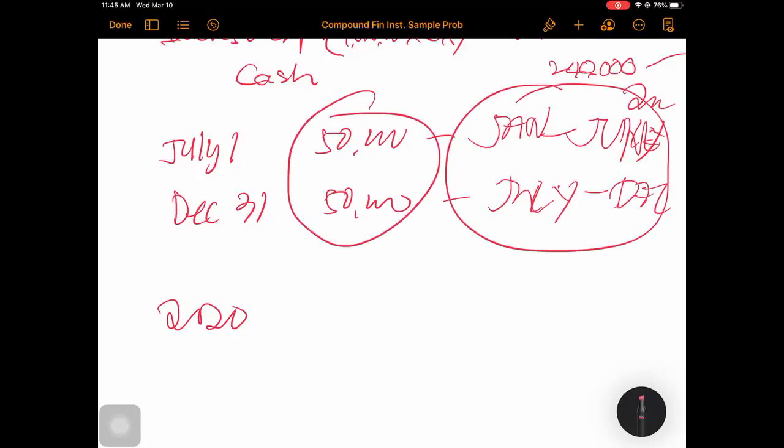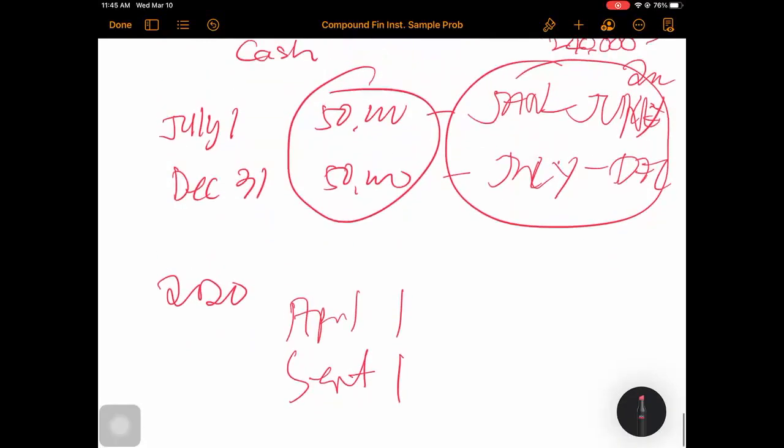The difficult one is this one. Let's say April 1. After 6 months, April, May, June, July, August, September, then September 1. That is what we call your interest payment dates.